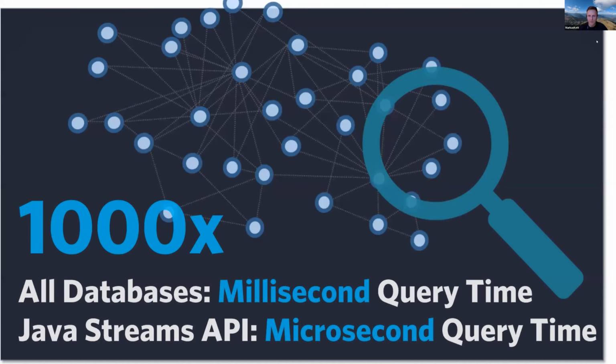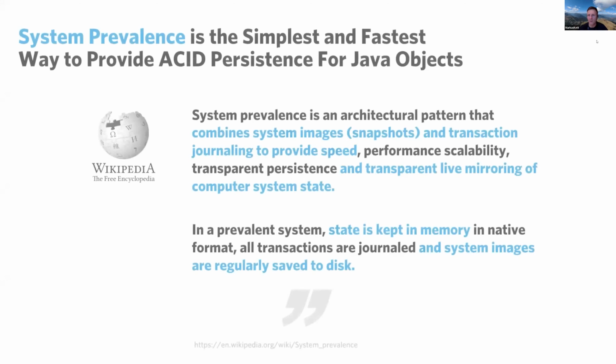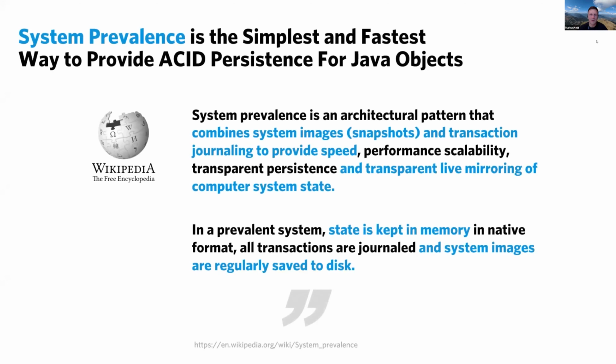So there is a functional principle that has been well known for many years. It's called system prevalence, and it is already used by very successful banking companies and gaming companies, because banking companies very often need the best possible performance, and gaming companies need the best possible performance for their online games.